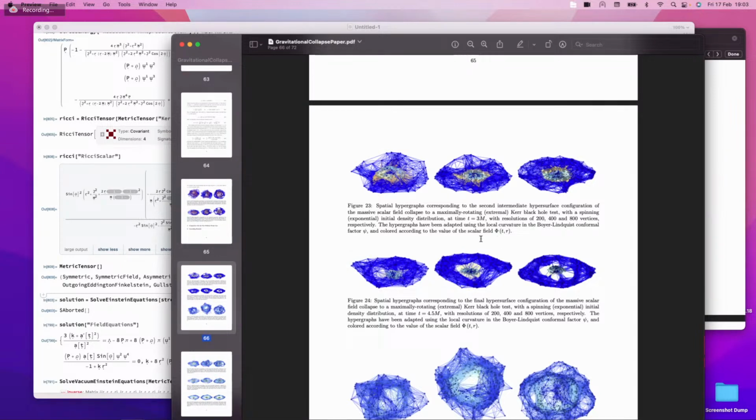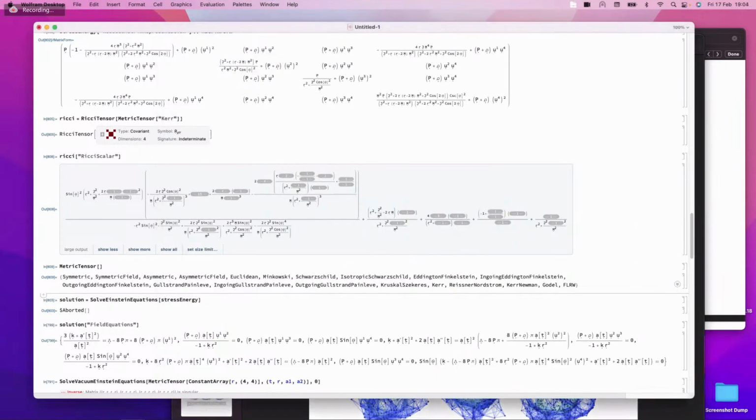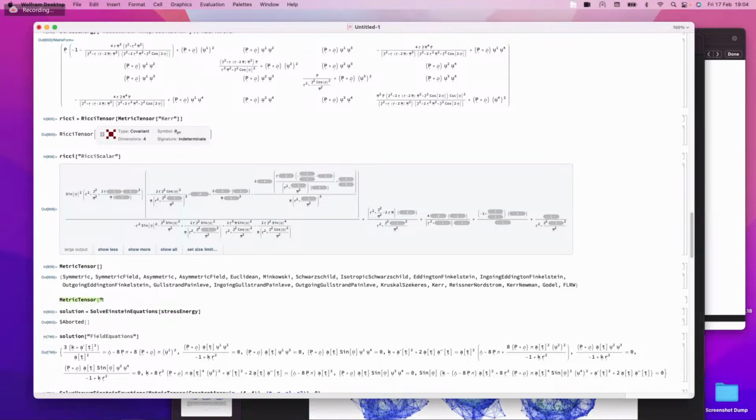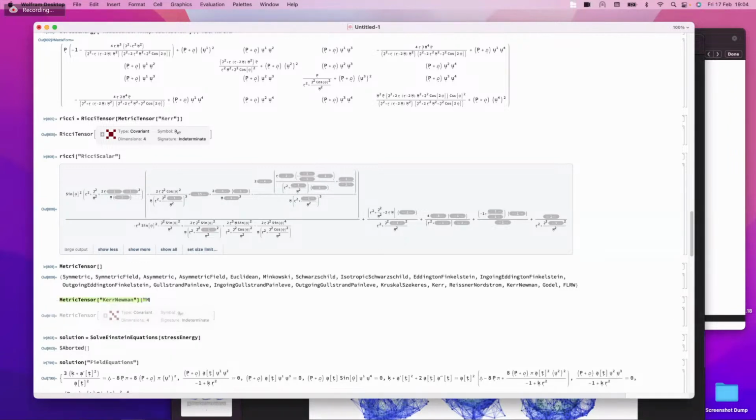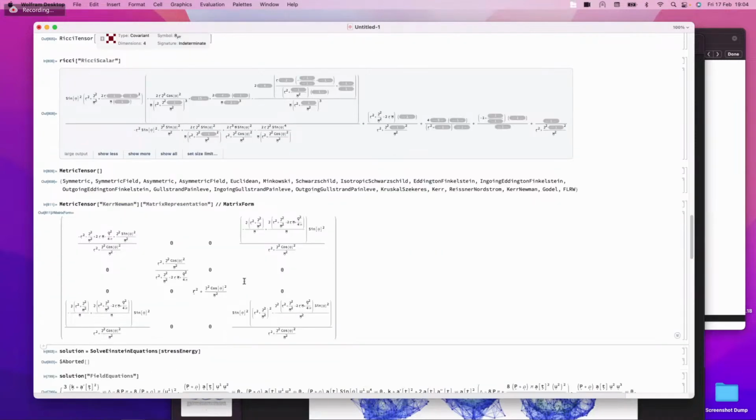You wouldn't want Reissner-Nordstrom, you'd want Kerr-Newman. Reissner-Nordstrom is non-rotating charged; Kerr-Newman is rotating charged. This is what Kerr-Newman would look like. Effectively it's the same geometry, but the charge Q just has the effect of changing the effective mass. Okay, that's not interesting. That's the only difference it makes.